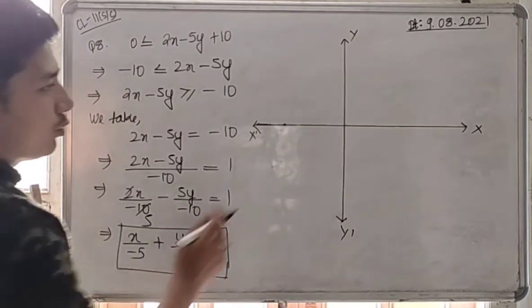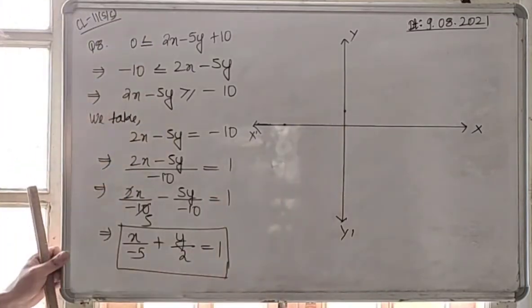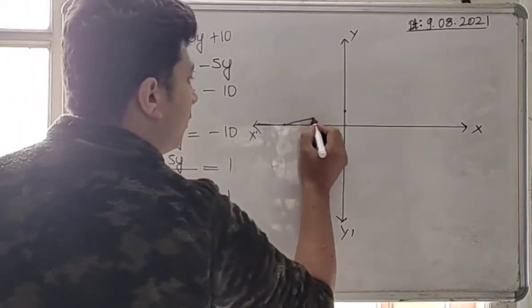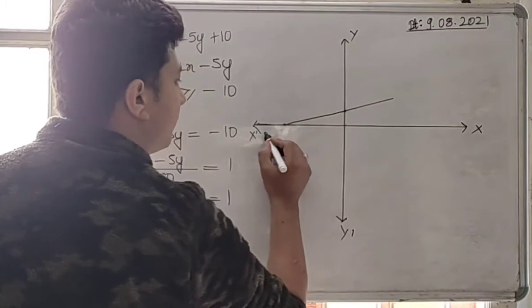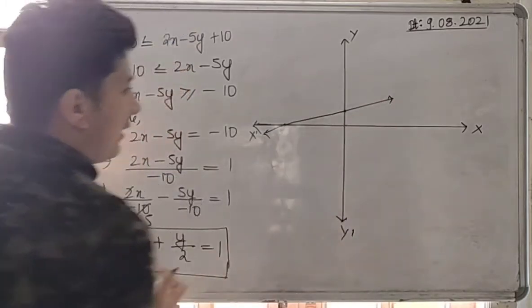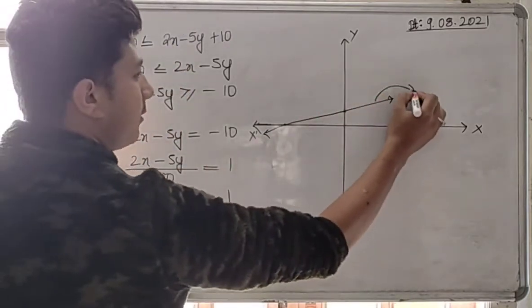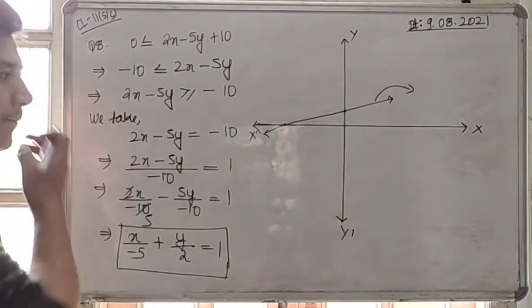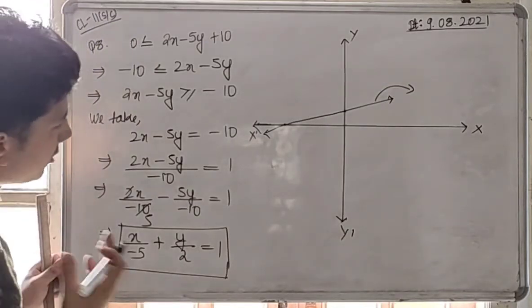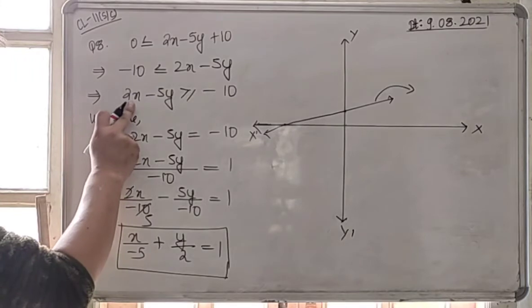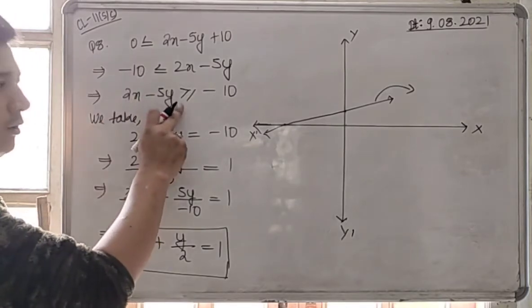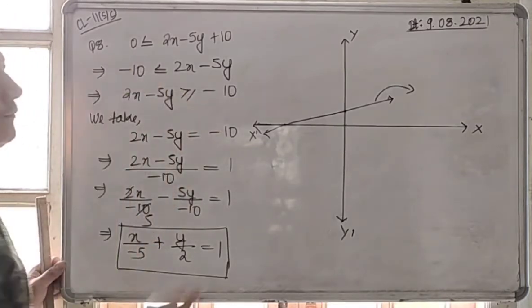On the y-axis it's 2 only, so somewhere here it will be 2. If you join, you get a straight line like this. So this is your straight line whose equation is this one. Now let us check the arrowhead. If you put x equals 0, y equals 0, is 0 greater than minus 10?